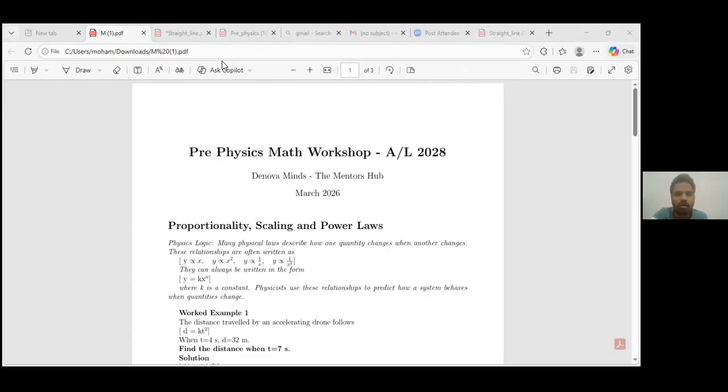So, for example, if you take the pressure of a gas, the pressure of a gas depends on the volume of the gas. So there's a certain dependency between those two.